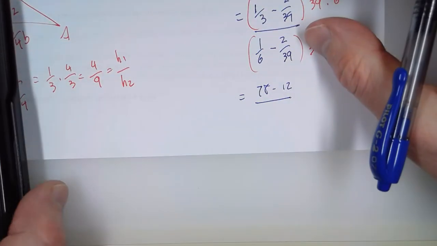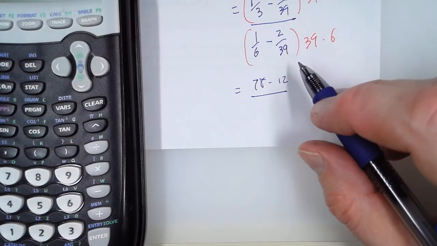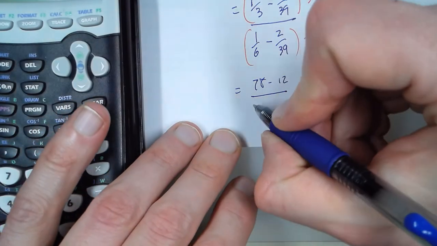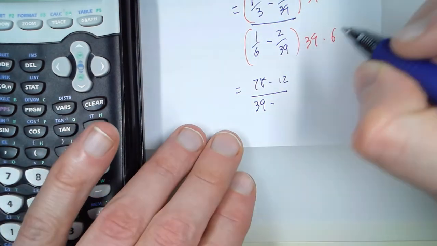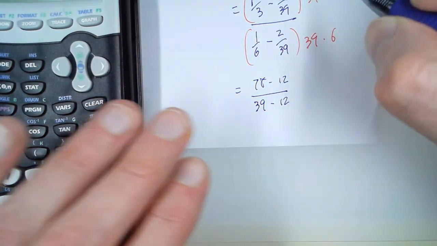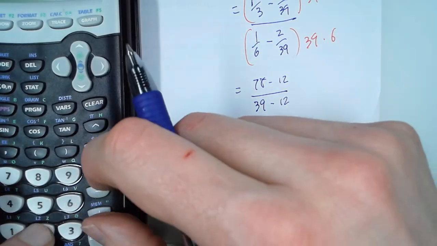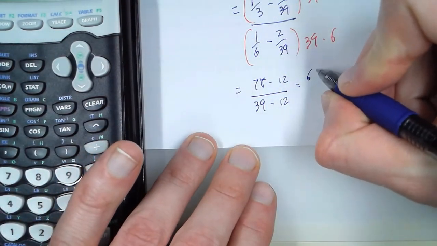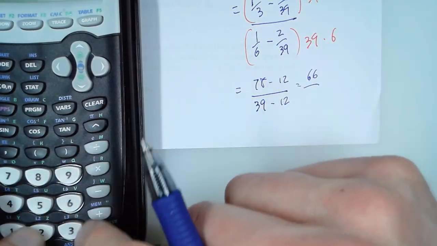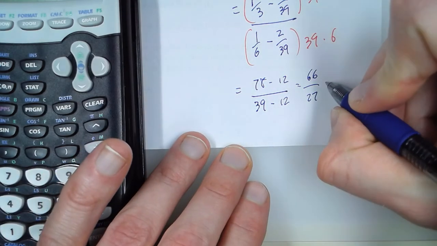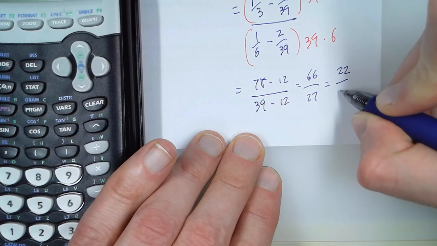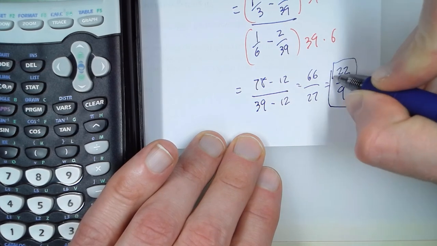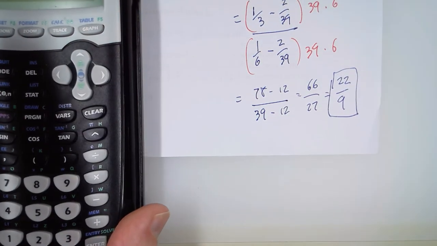And then on the bottom, 1/6 times 39 times 6 is just 39. And then that's going to be 12. So 78 minus 12 is 66. 39 minus 12 is 27. So we can take a 3 out of the top and out of the bottom. So we're left with 22 over 9. And there's our ratio. And we're done.